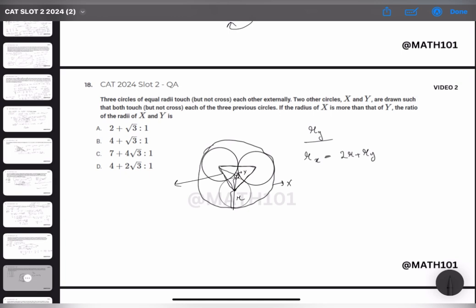Taking this triangle out, we can see this side is 2r and there is this circle here which is sitting on the center of this equilateral triangle, and this side is r. If this side is r, then this is the circumradius.